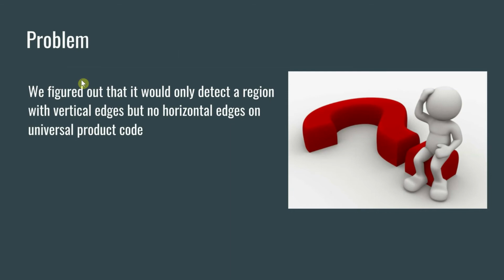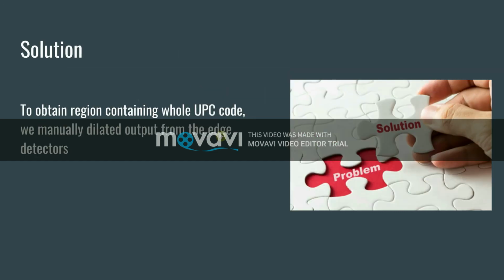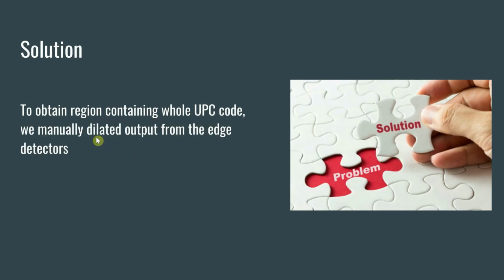But we ran into a big problem because the Sobel edge detector was only detecting the vertical edges, but not the horizontal edges. But we were able to come up with a solution: to do manual edge detection instead of letting the Sobel edge detector do it automatically.